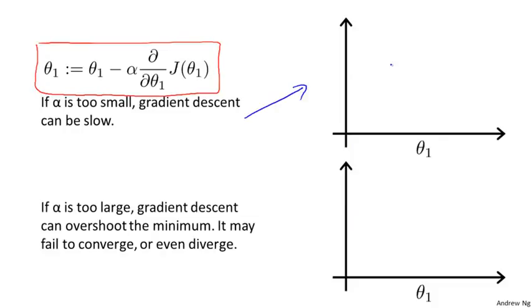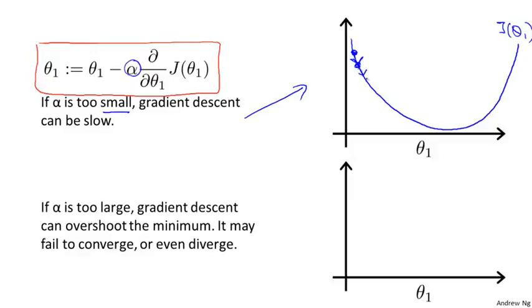So here's my function J of theta. Let's say I start here. If alpha is too small, then I'm going to multiply my update by some small number. So I end up taking a baby step like that. Okay? So that's one step of gradient descent. Then from this new point, I'm going to take another step, but if alpha is too small, I'm going to take another little baby step.